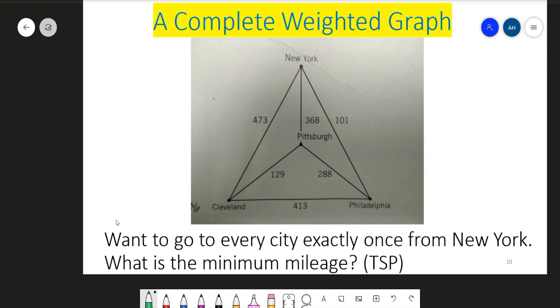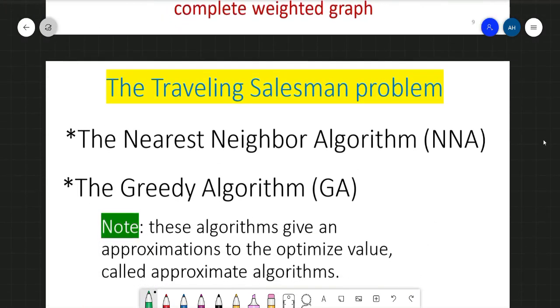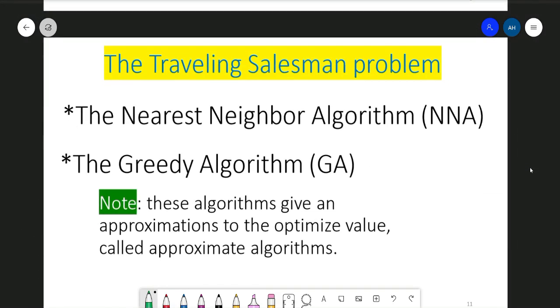This is the problem we call the traveling salesman problem. There are two algorithms that we can use to help solve it. The first one is the nearest neighbor algorithm, or NNA. The other one is the greedy algorithm, G for greedy, A for algorithm, GA. I would like to make a note here that these algorithms are just an approximation when we have a result.